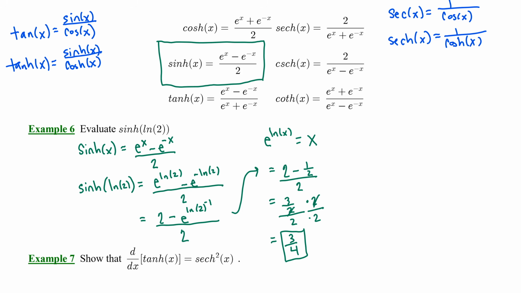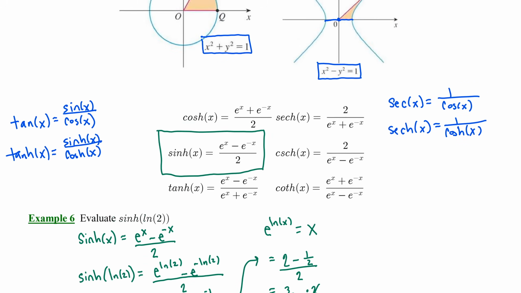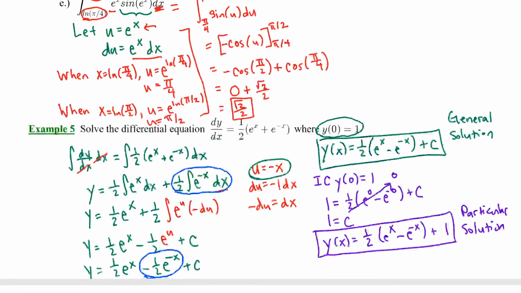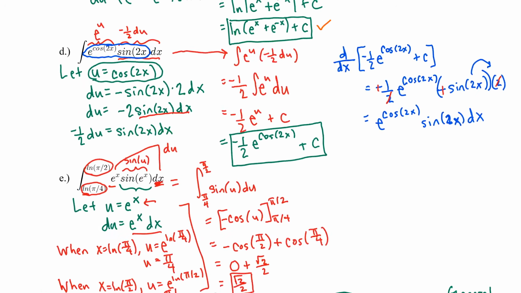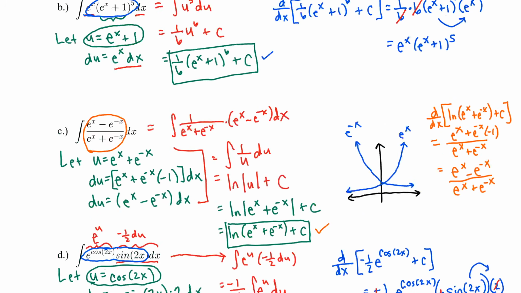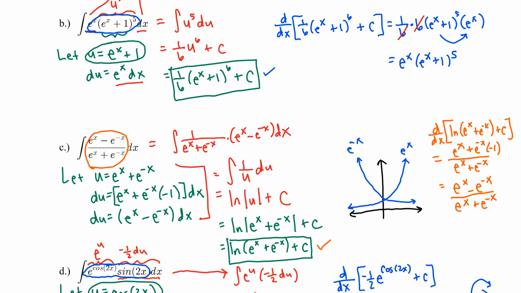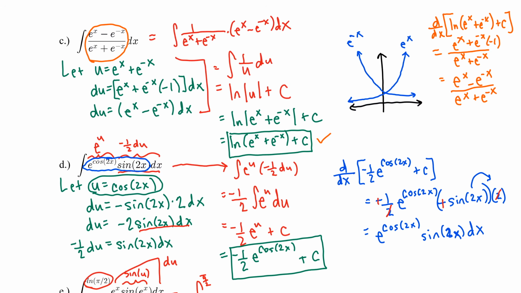Now I have to admit I have snuck some of these problems in already. If you'll go back in your notes a little bit, go back up to Example C from the previous section.